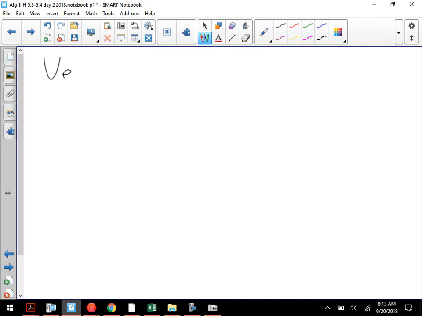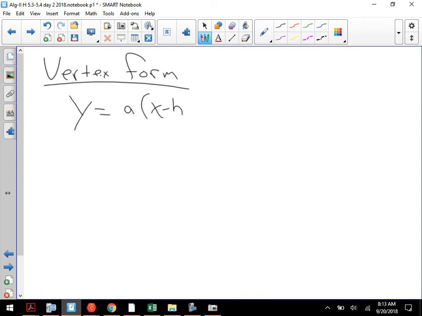Vertex form was y equals a times x minus h quantity squared plus k. And what was nice about this one is that your axis of symmetry, your direction, your vertex, everything is written out for you right away.